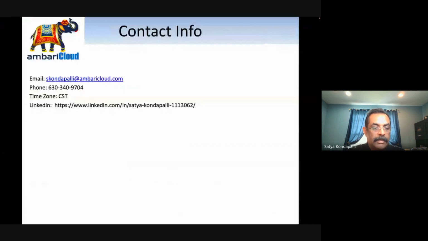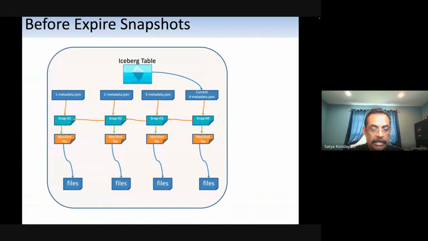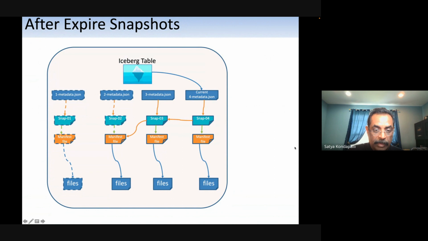In this example, it deleted these 2. It did not delete this manifest file and manifest list, because these files are part of the table, since we have only inserts. But if I have an update and delete on this, and then there's a rewrite, then this file will go.